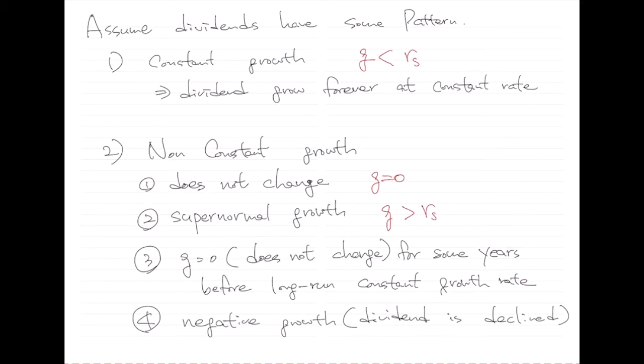We can write this as G less than 0. So in this lecture we will talk about these three cases: supernormal growth, G equal to 0 for some years before long-run constant growth rate, and negative growth.